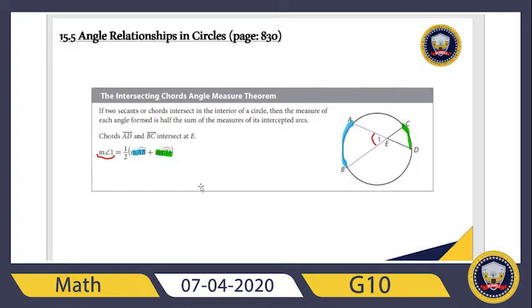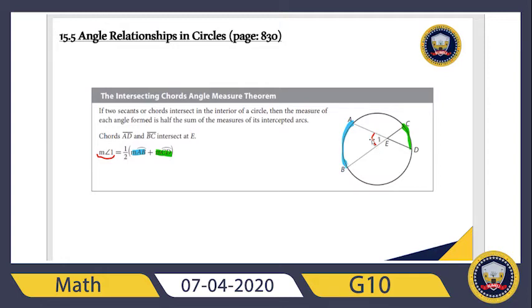Okay. In two words, what does this theorem say, which is called the intersecting chords angle theorem. I have two chords, AD and CD, that are intersecting at the point E. This theorem says if you have these two chords like this, then the measure of the angle 1, or the angle AEB, this red one, will be equal to half of the sum of the lengths of these two arcs.